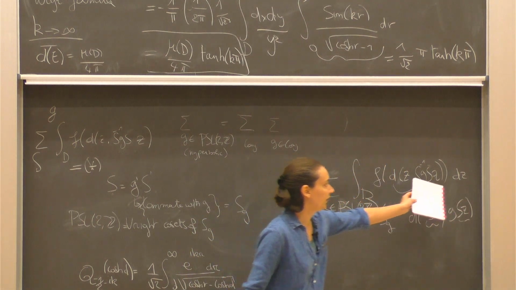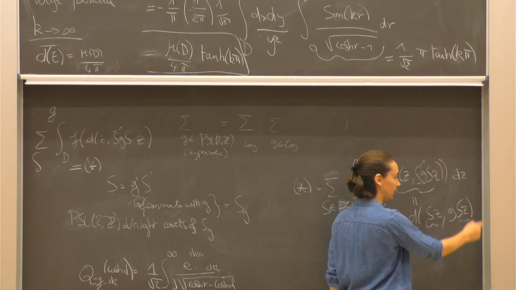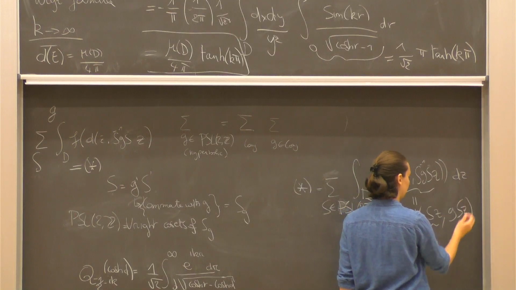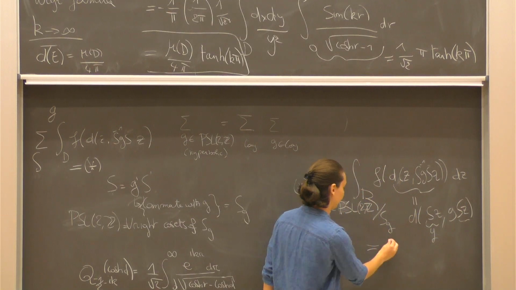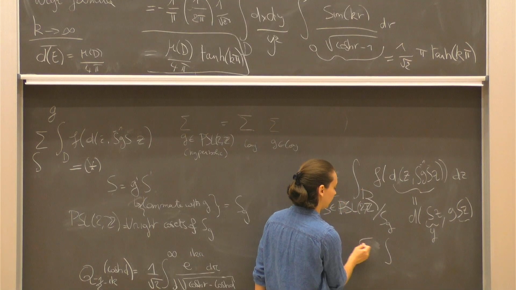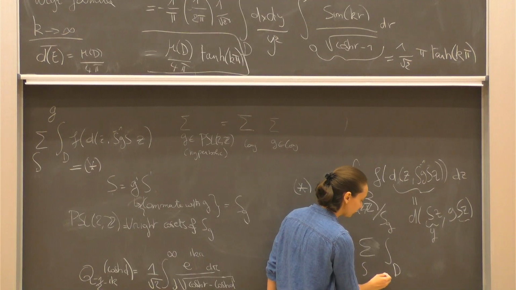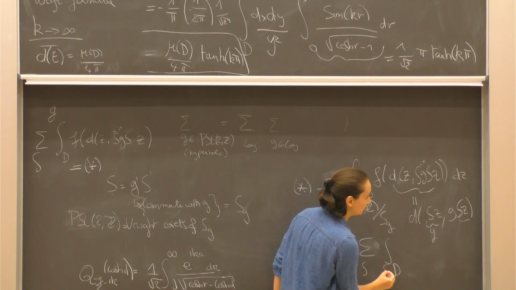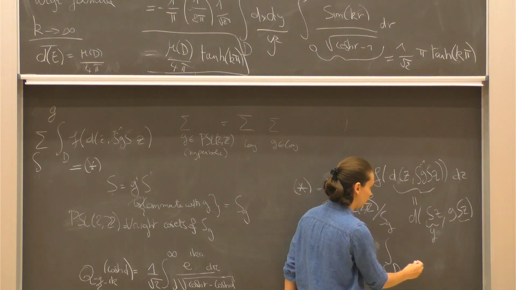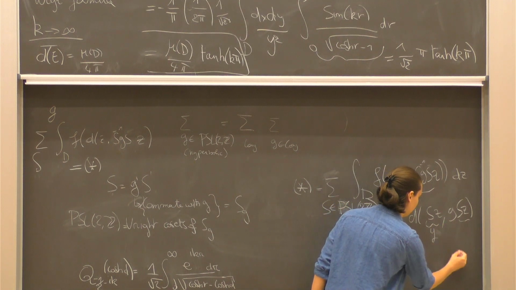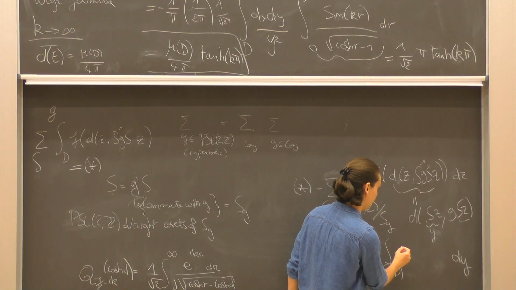So instead of integrating over dz here, sorry, is there a question? Instead of integrating over dz here, you can integrate over something that you'll call y. The sum is exactly the same as before. But now you'll write y equal to s of z. So you want to integrate over y now. And that is given by this.